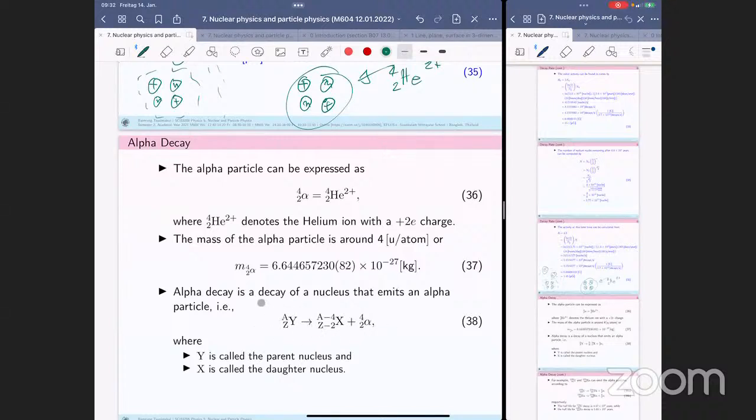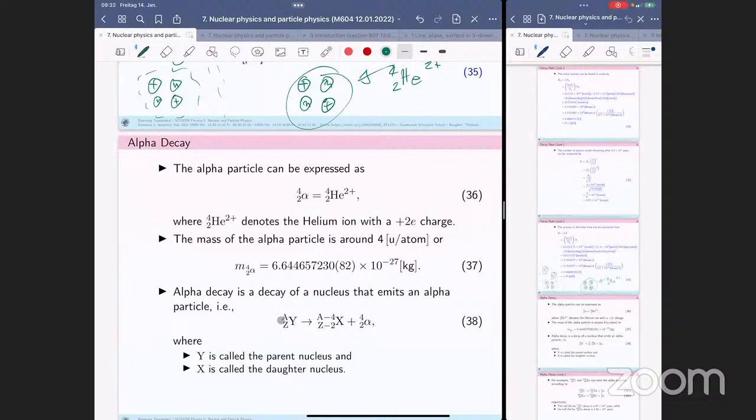The next one is the general process of alpha decay. This equation could be valid for any atom, but it doesn't happen easily in nature for every atom, only for big nuclei. We start from the element Y, which has mass number A, the number of nucleons in the nucleus, and Z is the number of protons for that specific element.